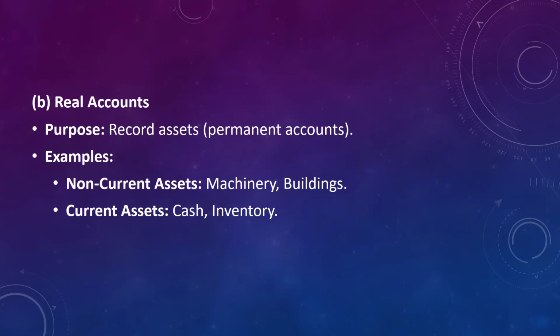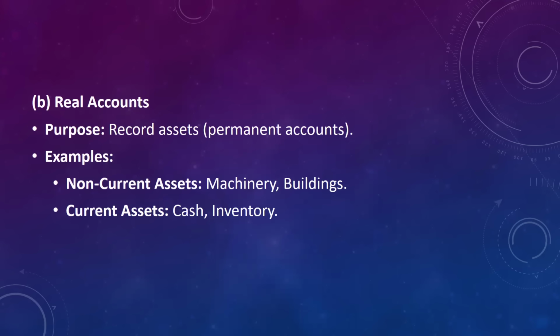These last much longer. These would be mostly found in your balance sheet. These will be things like your plant and machinery, building, motor vehicle, computer, your cash, money in your bank account. These are things that you could actually touch, right? The accounts for things that you could touch.